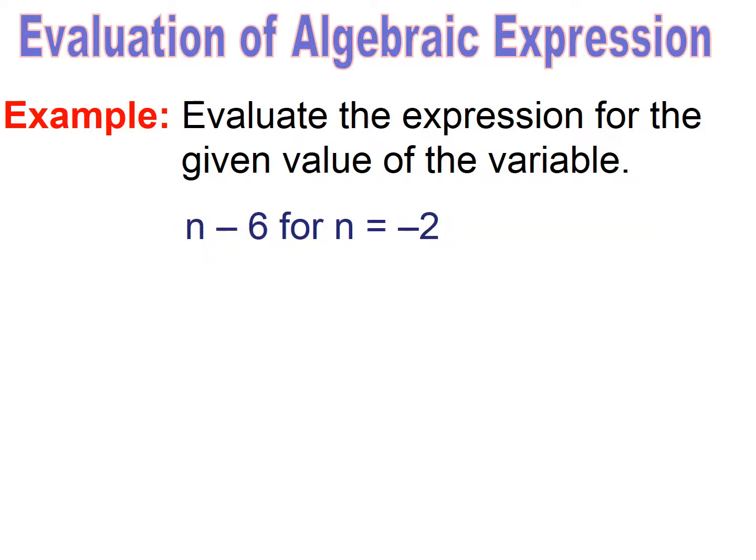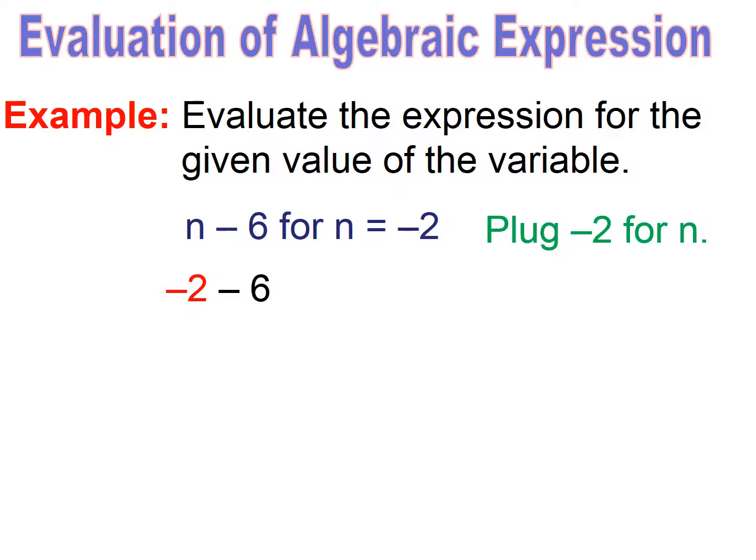Let's do another example. We have this expression. We're asked to evaluate n minus 6 when n equals negative 2. So I'm going to plug in negative 2 into n. Now in this case, because n is the leading variable, I didn't use parentheses because there's no sign in front of n.